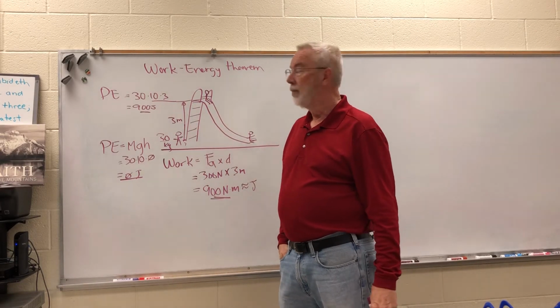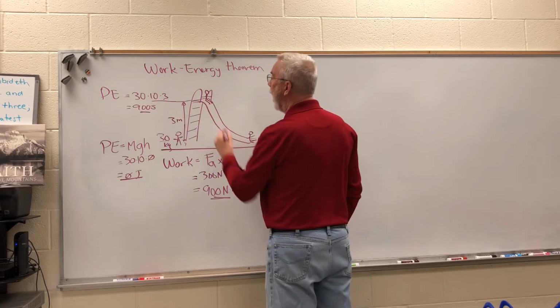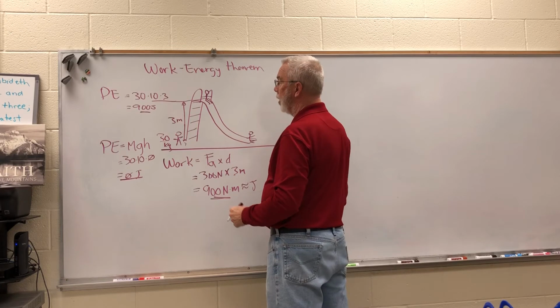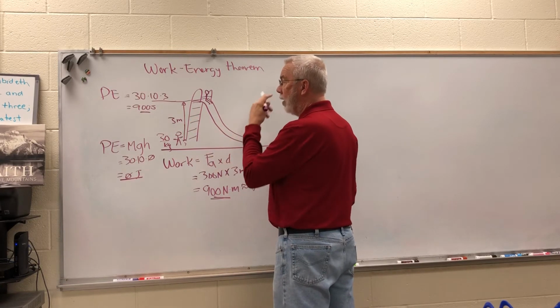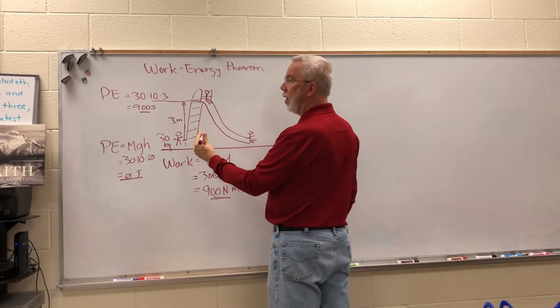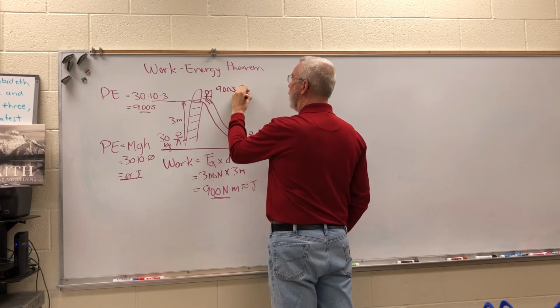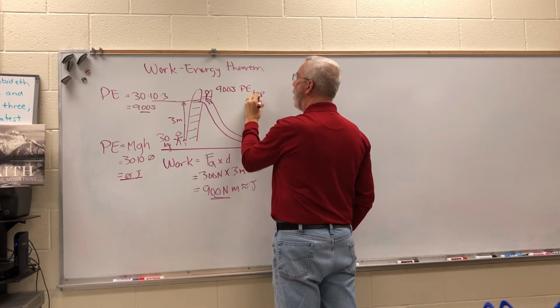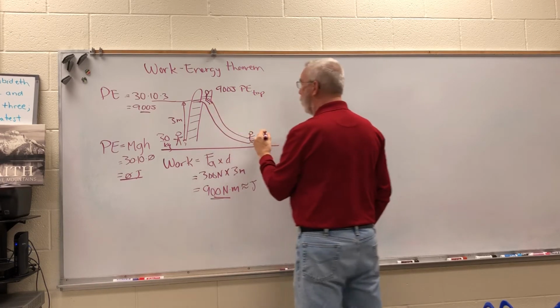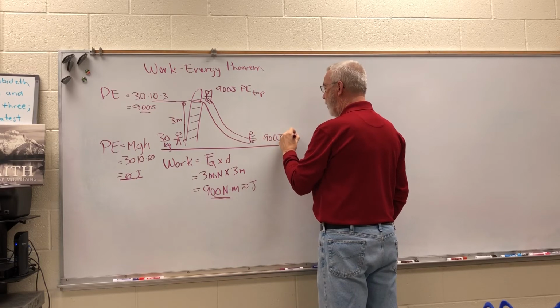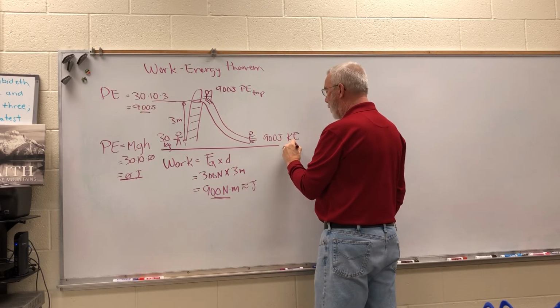Now, once this boy has this 900 joules of potential energy, one of the things that we also said in class was that 900 joules of potential energy at the top will be equal to the 900 joules of kinetic energy at the bottom.